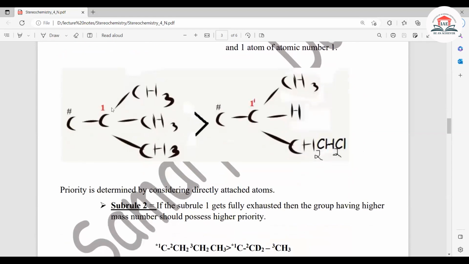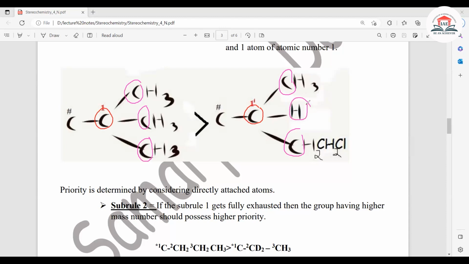Next example. See, in this case, it might be confusing to you that there is a huge group CH2CH2Cl, but the thing is you are only considering the next attached atom. So when you are discussing priority, after this, these two are same. So we go to the next group. What is the next group? Next group is this carbon, carbon, carbon, atomic number 6. But in this case, carbon, carbon, but hydrogen.